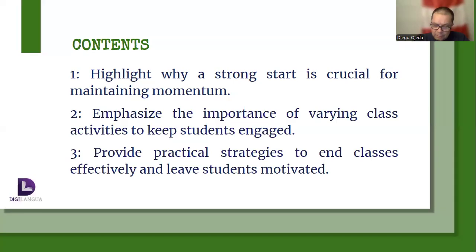I would like you to please write in the chat the answer to this question. Which one of these goals, these objectives of my presentation, resonates most with your current teacher challenges? One, two, or three?